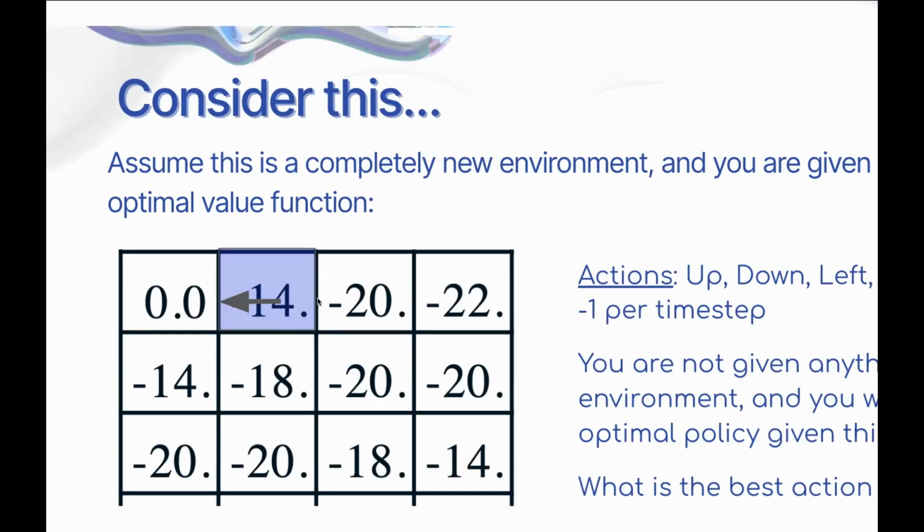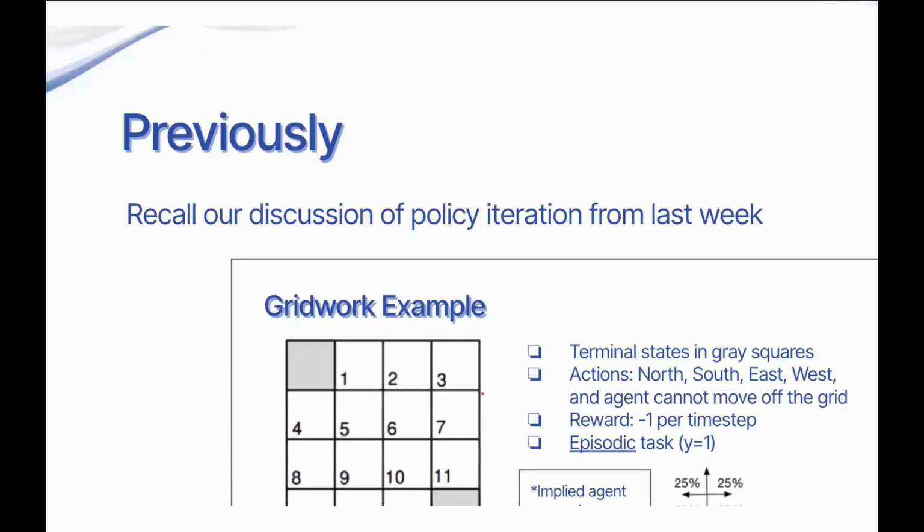The arrow shouldn't be there. But what is the best action? Before I answer that, recall that last week, every time I specified an environment, I always said that the environment was deterministic. In this grid world, it's implied that the agent moves to the adjacent square.